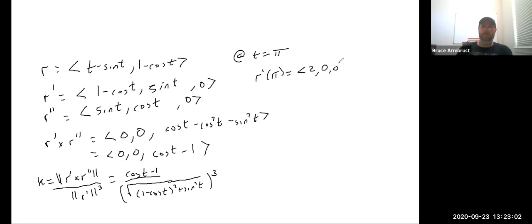So there's my r prime. And then r prime cross r double prime is going to be 0, 0. Again, cosine of pi is -1, so that's -2. And check out how fast it is then to use the curvature formula. It's the magnitude of r prime cross r double prime. Cool, -2. Except it's the magnitude, so it's a positive number. And then that's divided by the magnitude of r prime cubed.